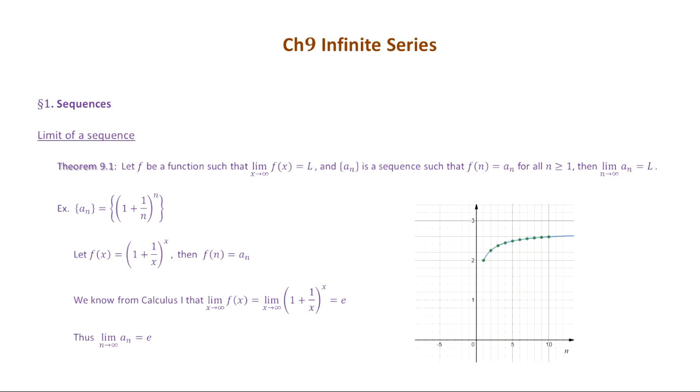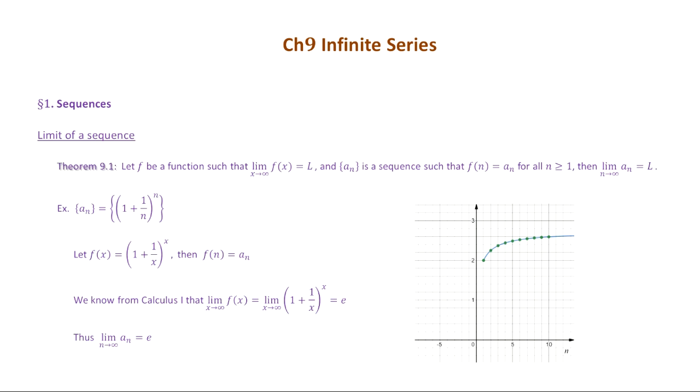So if you plot the function, the curve, and the sequence, the points, on the same graph, then all the points of the sequence will be on the curve. The value for x equal to n is an.